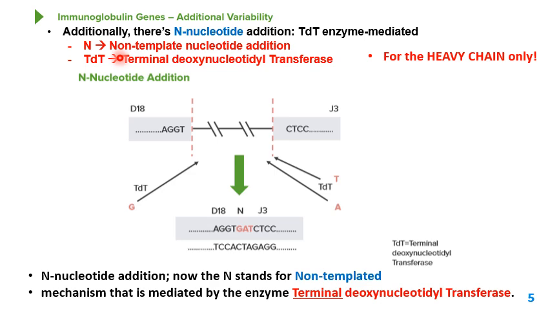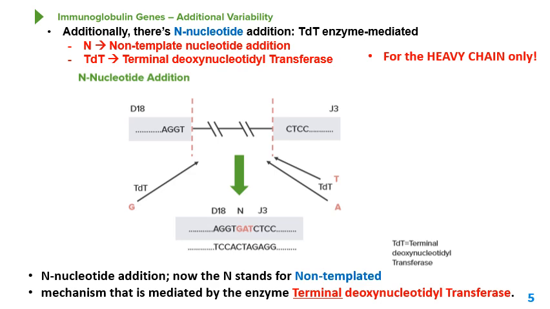The name of the enzyme, thank goodness, is terminal deoxynucleotidyl transferase, because it goes to the end of that gene over there and it just adds nucleotides, and hopefully it's going to be part of a codon and it's not going to bring the thing out of frame. Okay, so adding non-templated nucleotides over there.